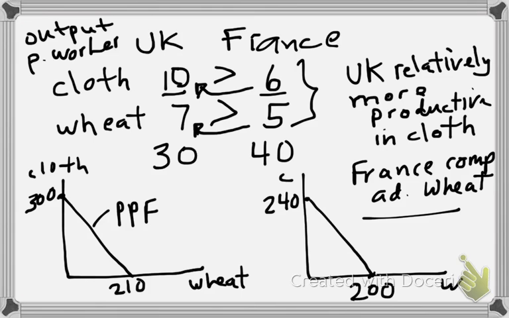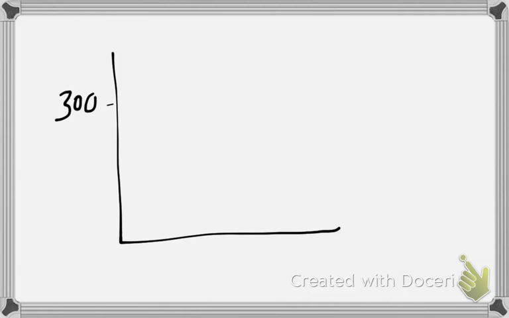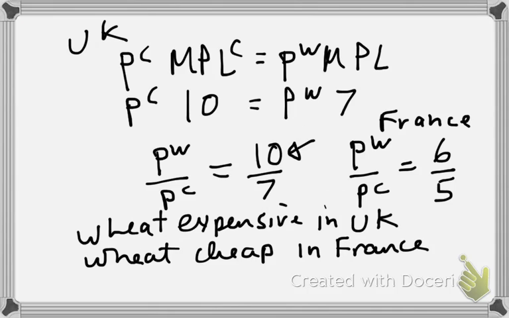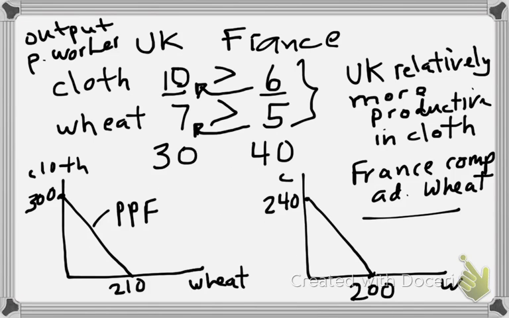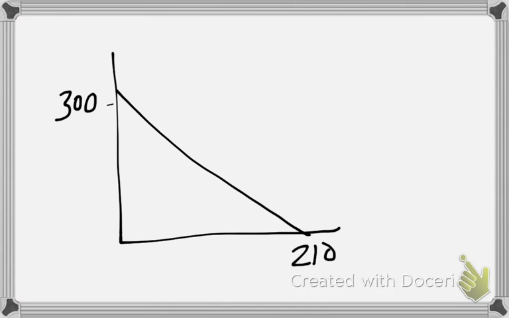So if we go back to our production possibility frontier for the UK, 300 and 210. And it's not really quite drawn to scale, and we had cloth and wheat on the axes.